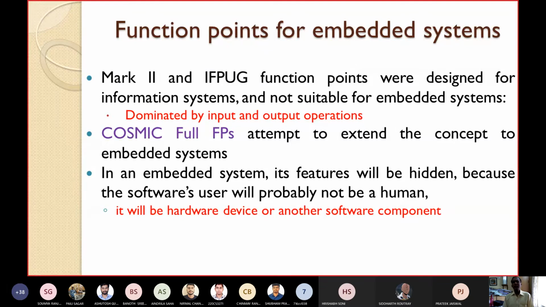Normally in an embedded system, its features will be hidden because the software's users will probably not be human beings. It may be a robot, a hardware component, or another software component. So that's why its features will be hidden.